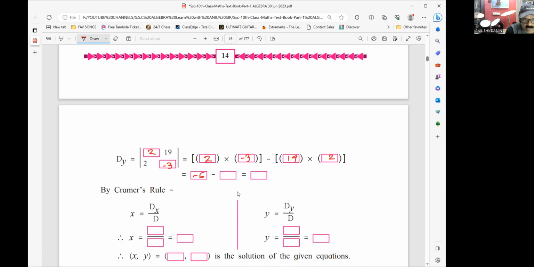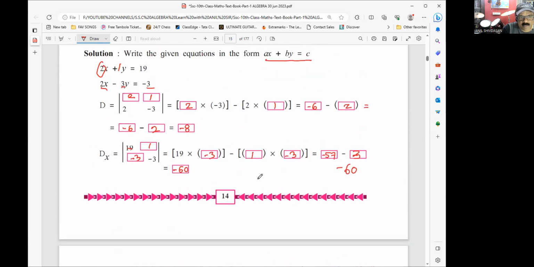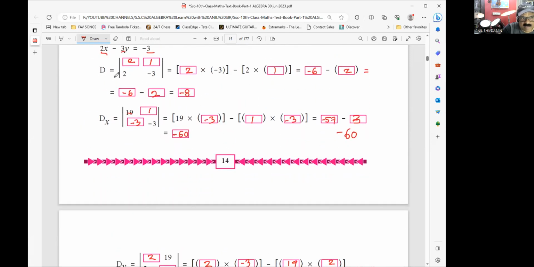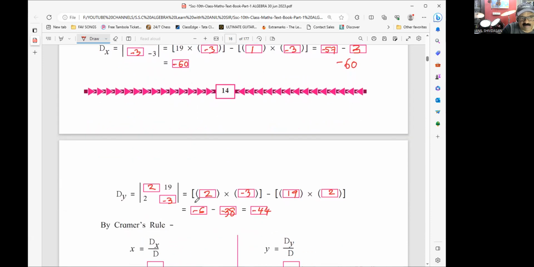Minus 19 into 2 is minus 38. So 38 and 6 together make 44. So you get minus 44 as the value of Dy. Okay, so you have the value of D, which is minus 8, Dx is minus 60, and Dy is minus 44.